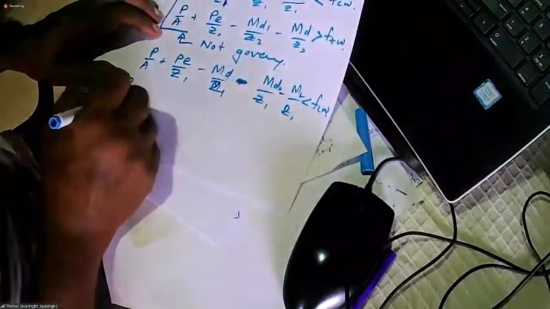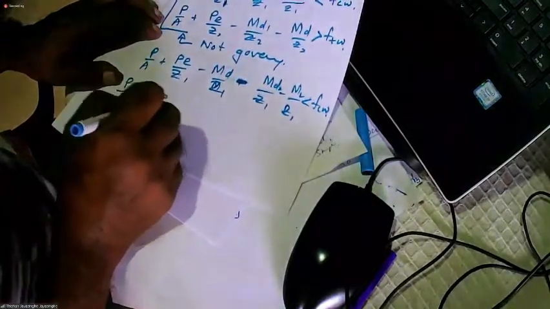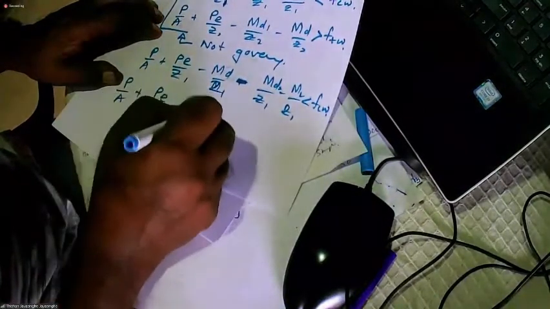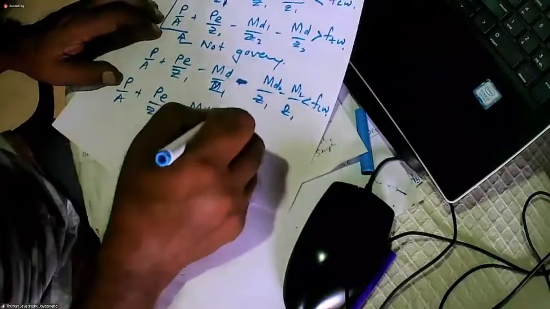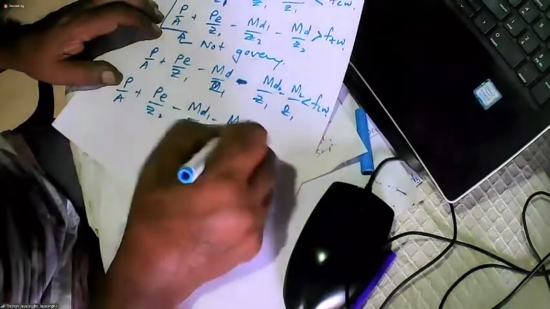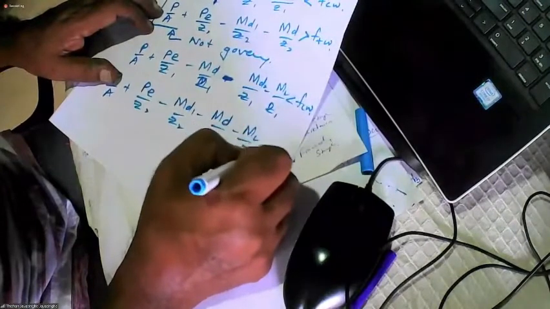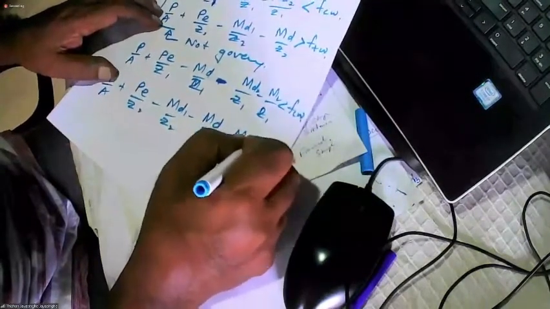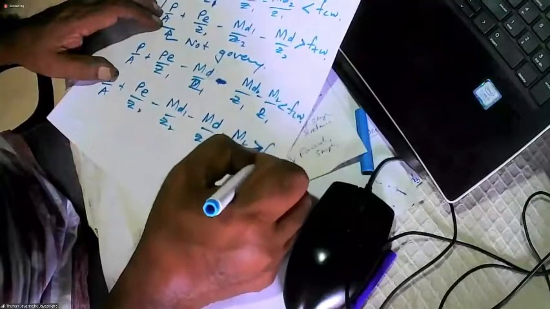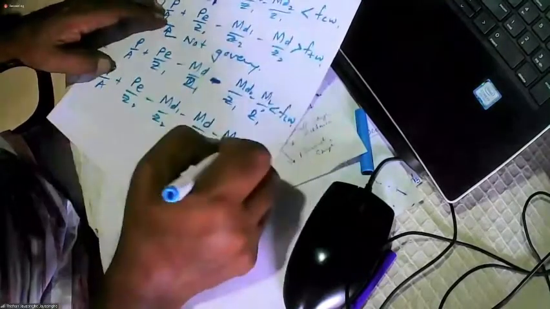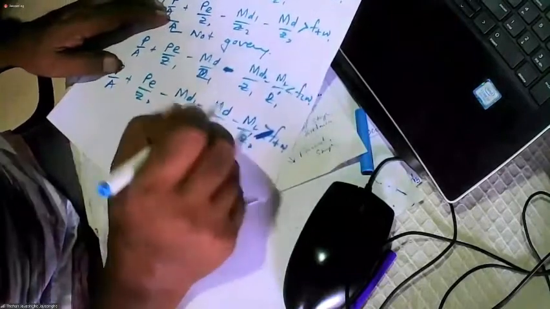P over A plus P e over Z2 minus MD1 over Z2 minus MD2 over Z2 minus ML over Z2 should be greater than tension at working. These two are governing, but this is Z2, Z1 dash and Z2 dash. And Z1 dash is up to this side.